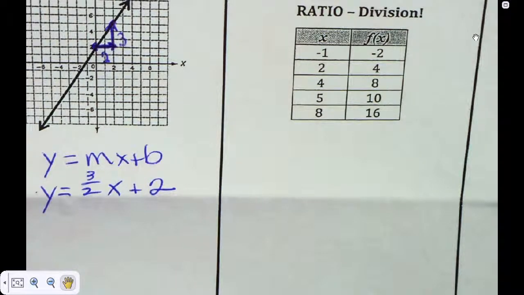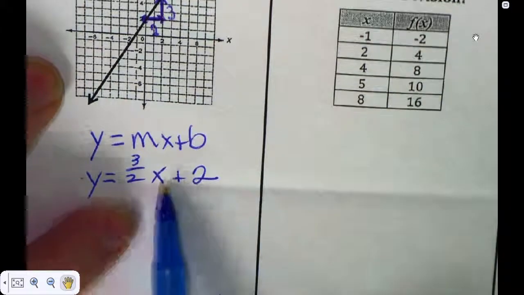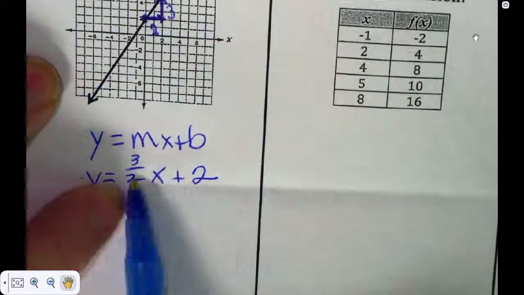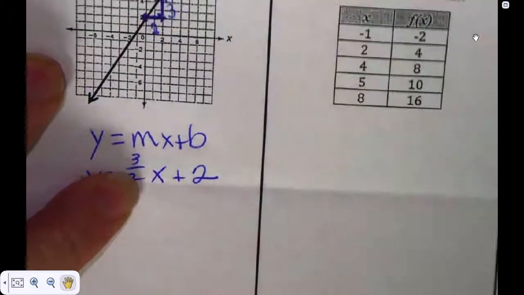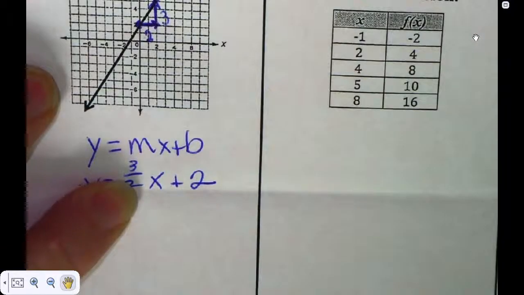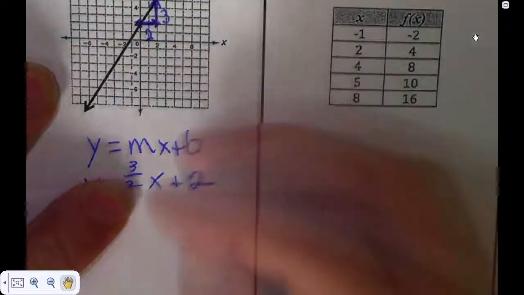And you were on the right track, Jay. You said, okay, if I put 0 in for x, that's 0. Plus 2 is 2. So 0, 2 is our y-intercept. It crosses at 2. Very good.